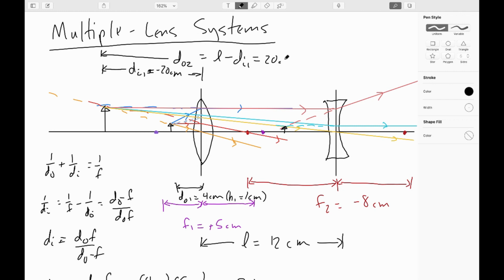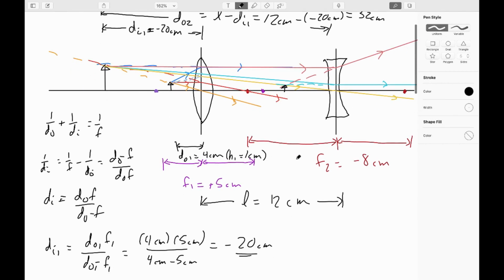So this is 12 centimeters minus a negative 20 centimeters equals 32 centimeters. And that is positive because the object is located in front of the lens.